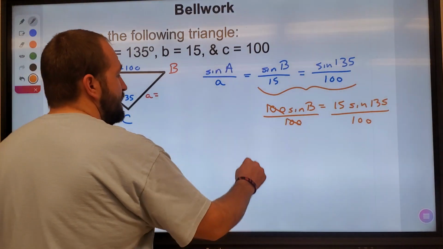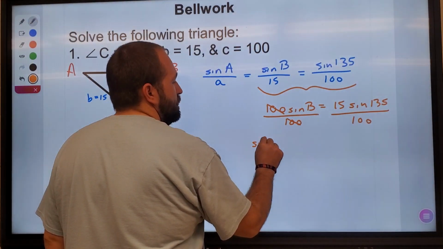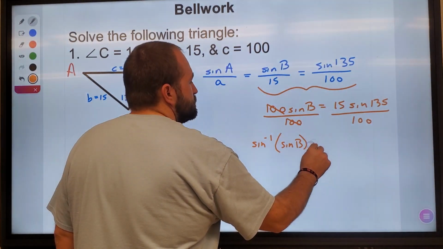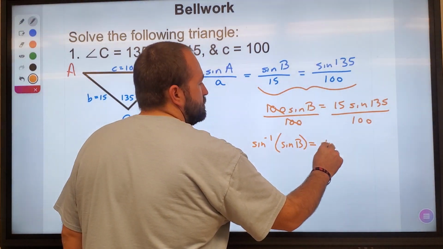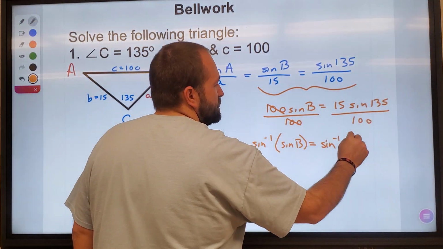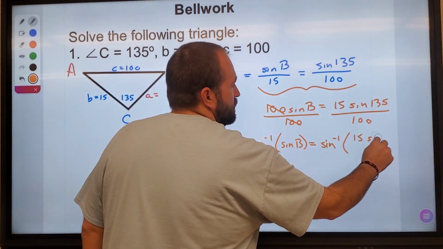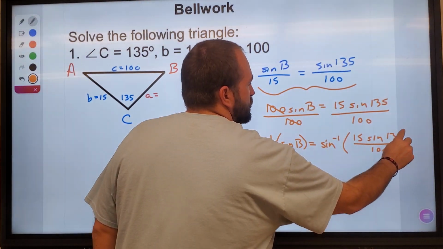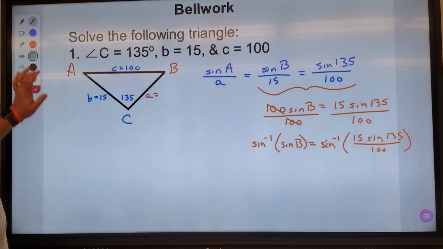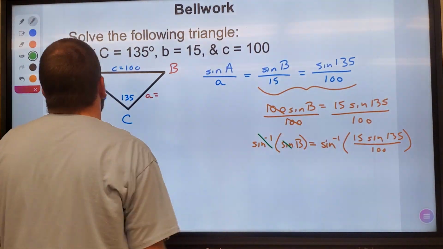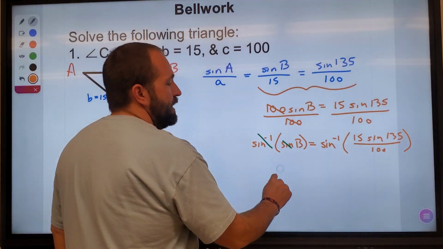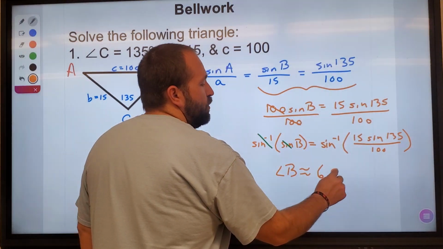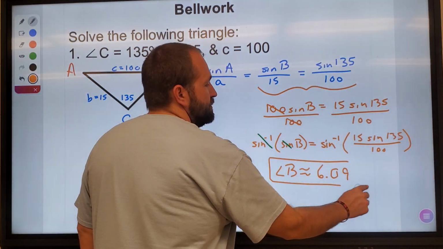So I have sine inverse of the sine of B is equal to the inverse sine of this, so 15 sine of 135 over 100. And again, what happens here is the inverse sine and sine will cancel. That will leave me here with angle B to be approximately 6.09 degrees.